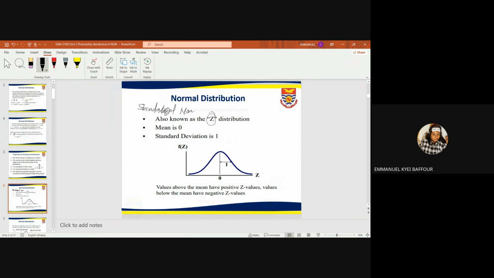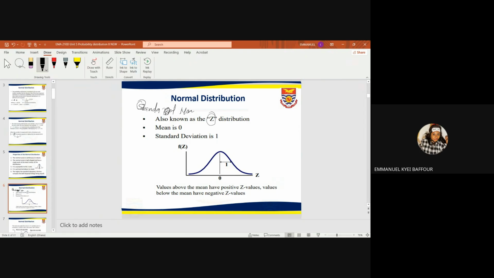Because we've been using S to represent the sample standard deviation, using S here would have confused a lot of students. So it comes from the Z within the spelling of standardized. That is why they call it the Z distribution.